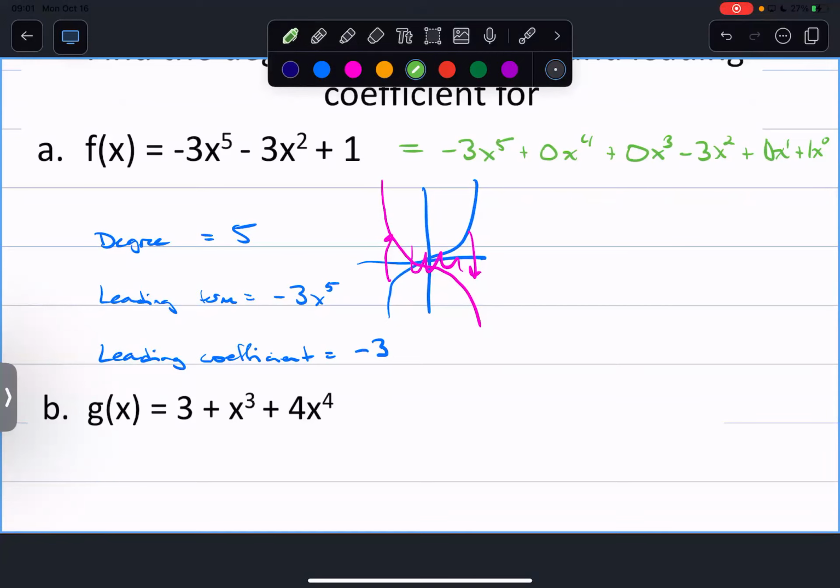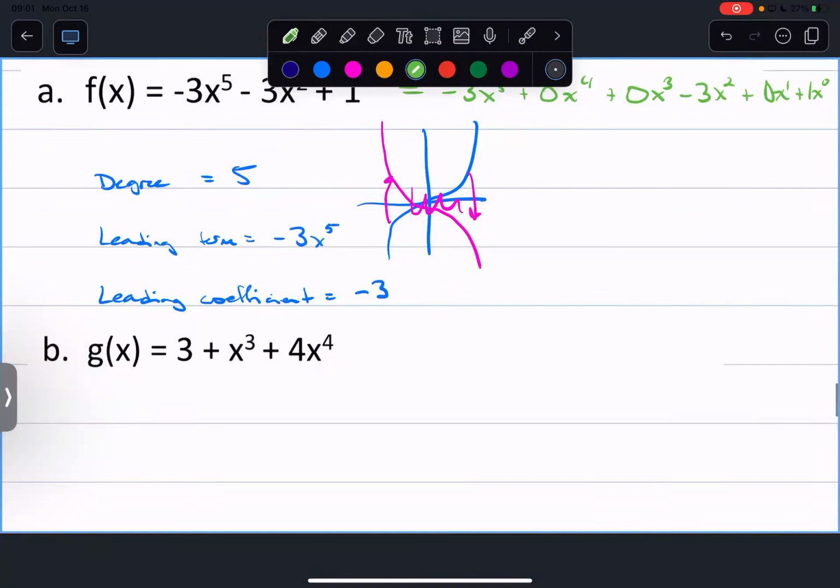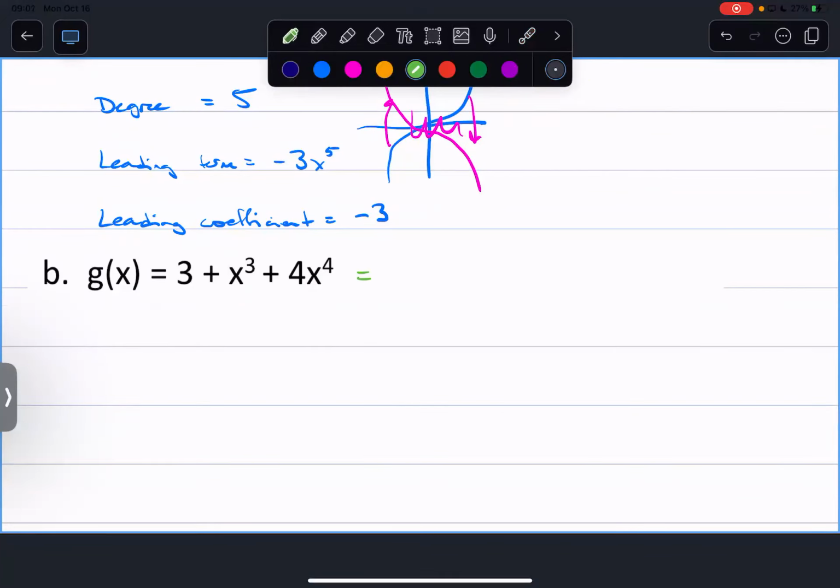All right. Let's do the same thing with g of x. Let's write it out. I'll start with x to the power of 4 because it's my leading term, and there's no reason to keep going above that because they're all coefficients of 0 anyway. Number one thing we do is figure out the highest power, or the degree, of the function.